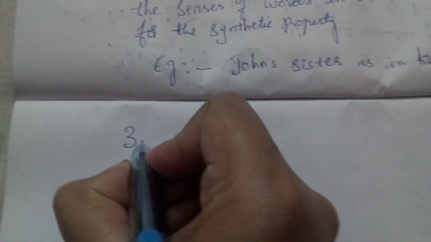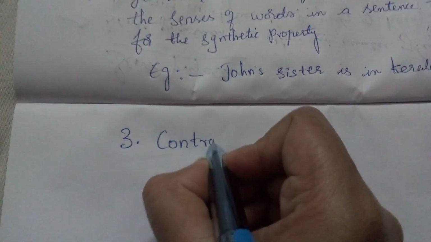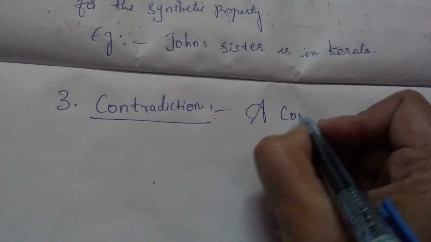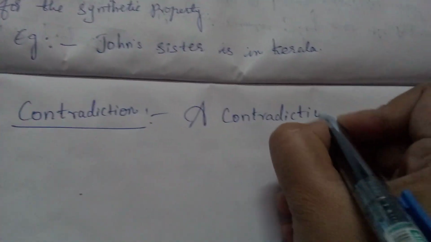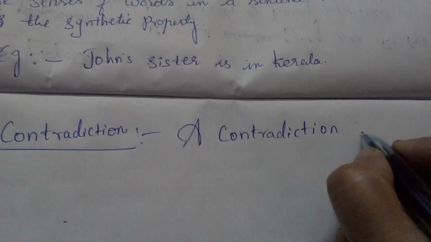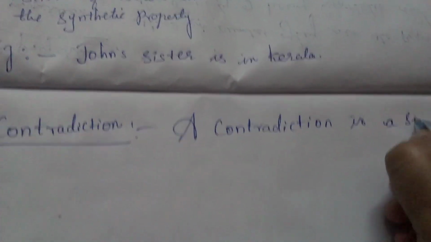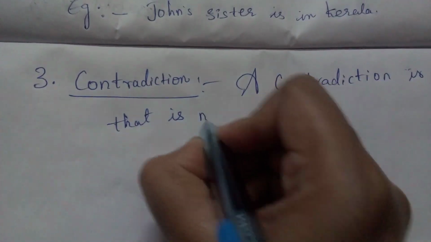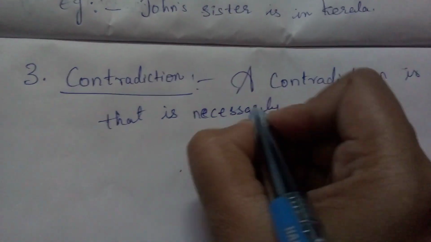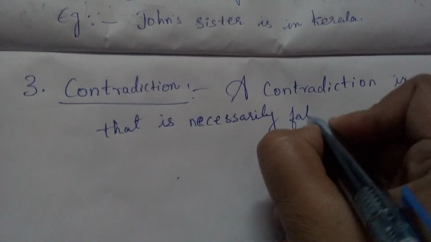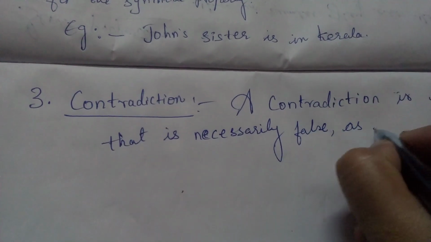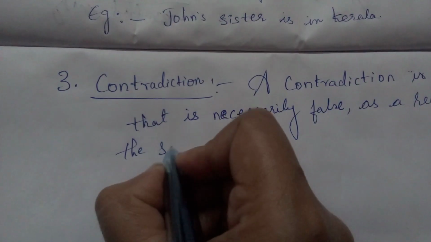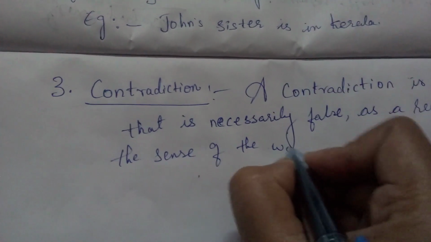Next, contradiction. Contradiction is a sentence that is necessarily false as a result of the sense of the words in it.